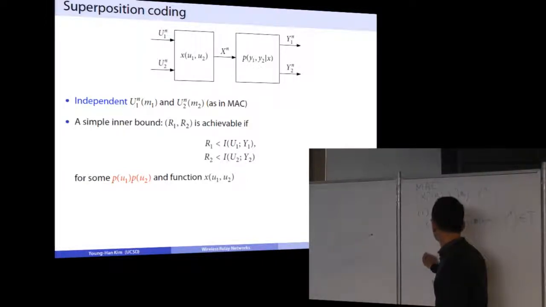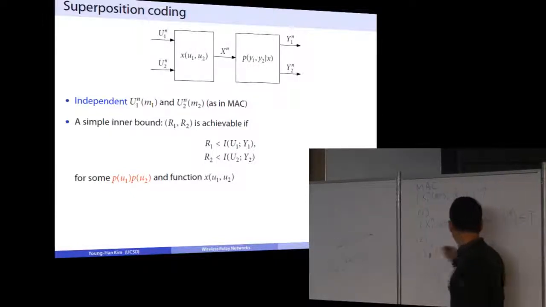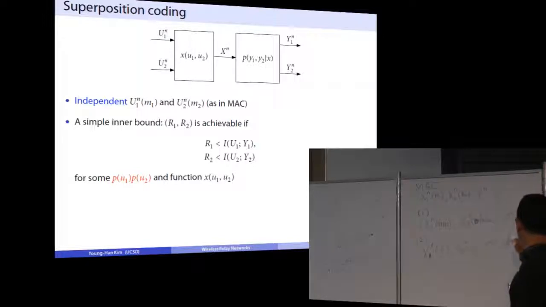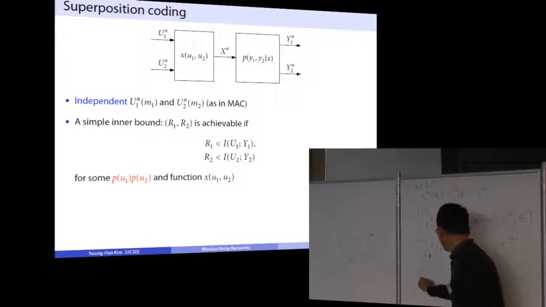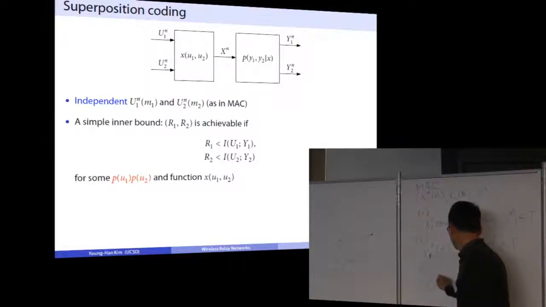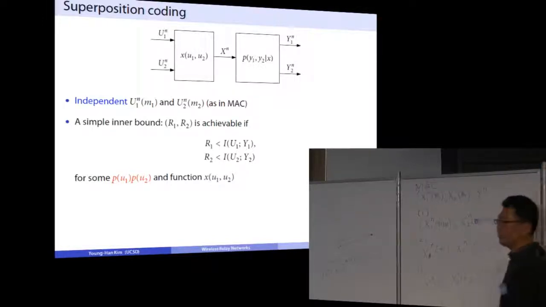The second type is the false X1 and true X2, and Y are jointly typical. And the third type is false X1 and false X2 are jointly typical with the output. Those were the three lines.